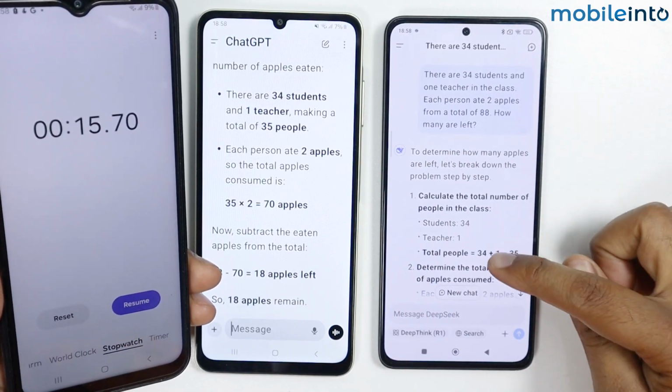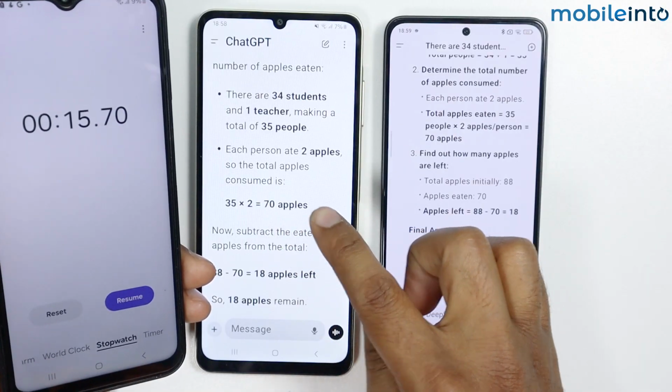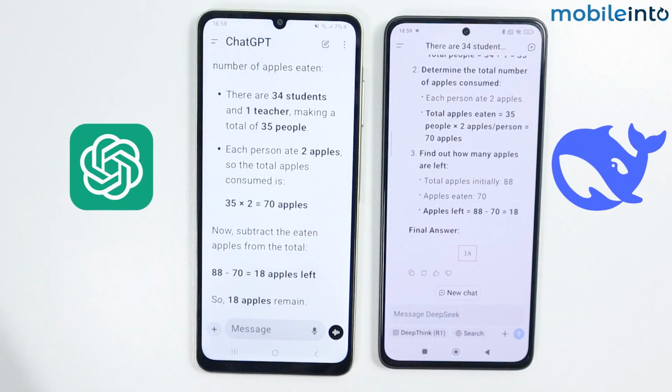DeepSeek gave this question answer in 15 seconds and ChatGPT gave this answer in 7 seconds. So in this case, ChatGPT is faster and takes the lead.